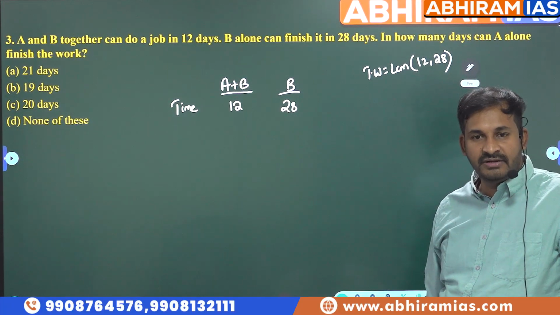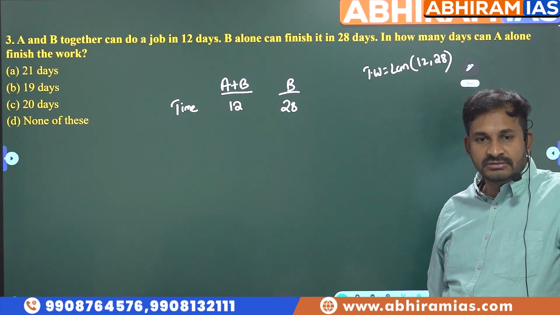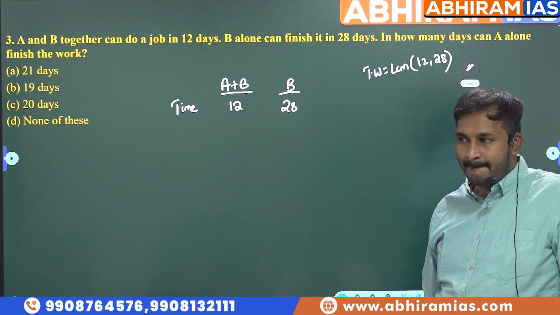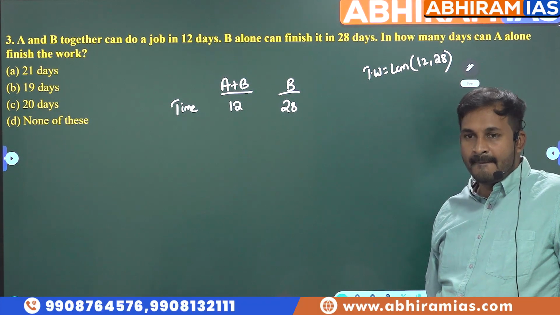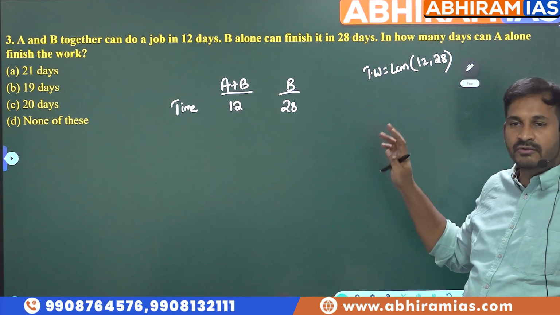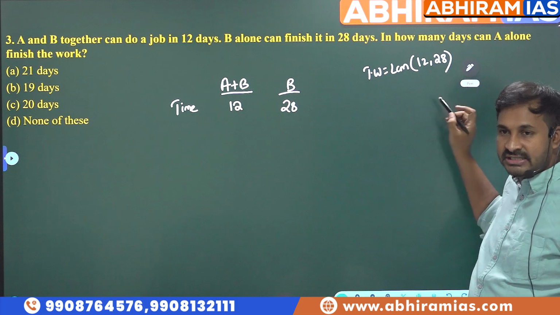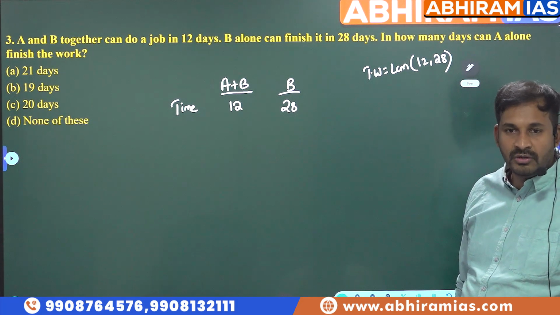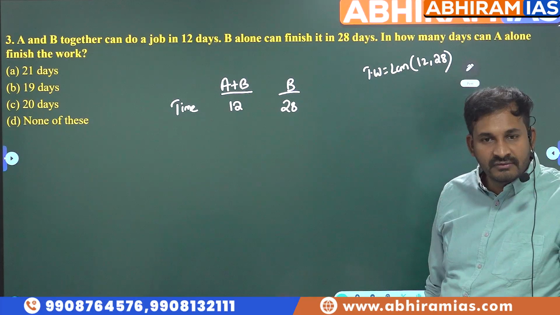What is the LCM of 12 and 28, students? Right? Just see here how you will find the LCMs. Is 28 divisible by 12? No. The next multiple of 28 is 56.